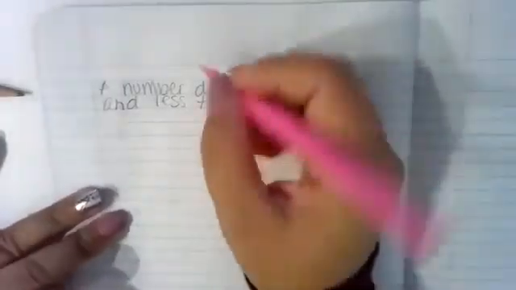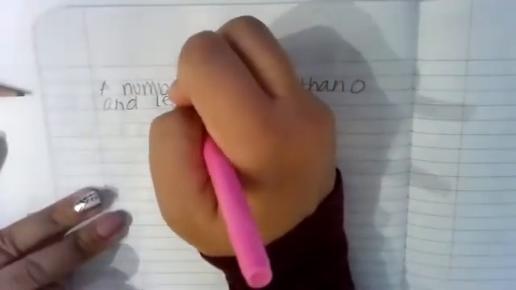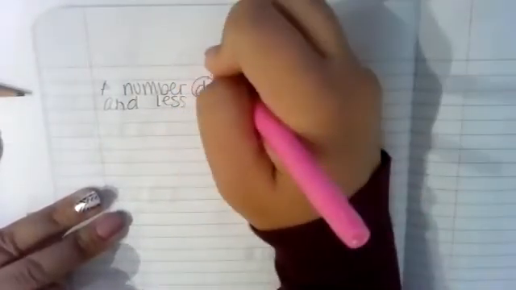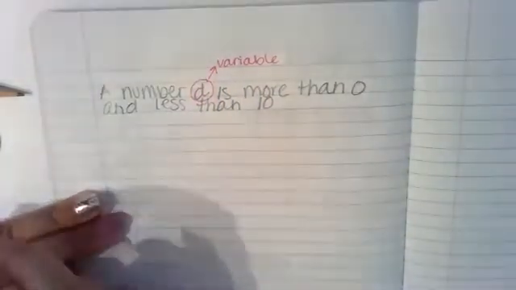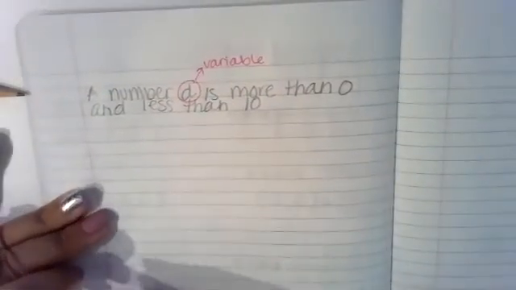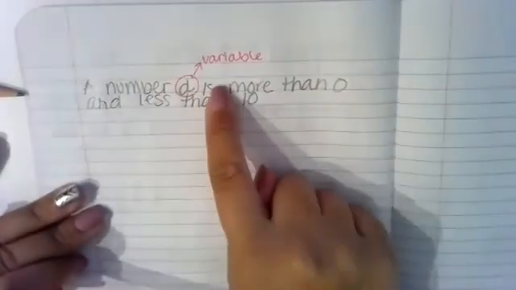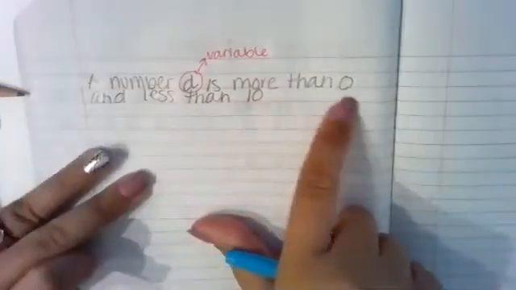Okay, so here we go. A number D. So that is showing me that D is my variable. So when I write this, I need to make sure I use the correct variable, right? I can't just use something else because it identifies what it needs to be. Is more than 0.